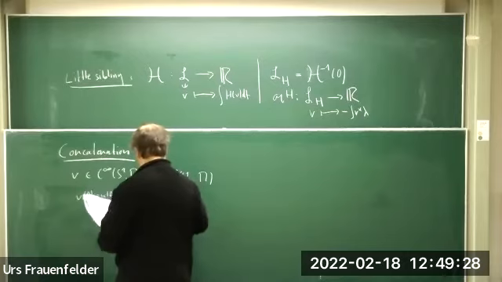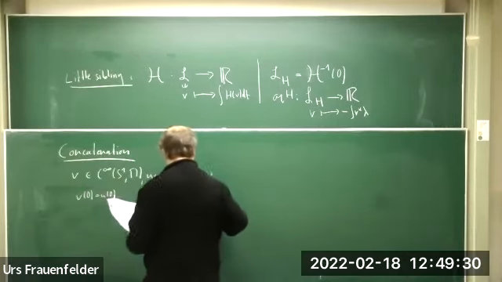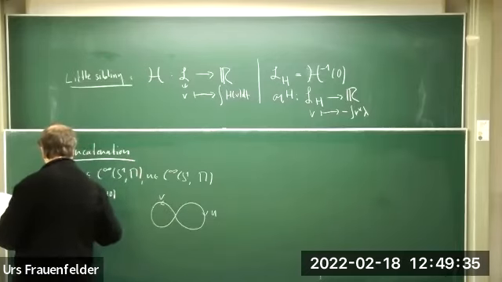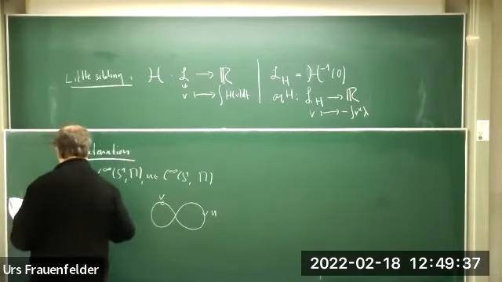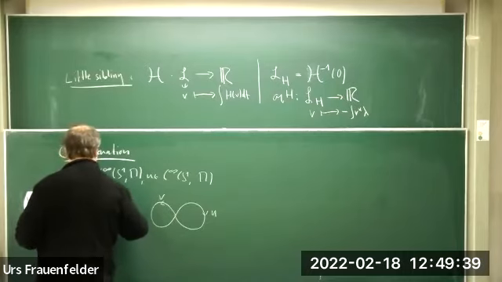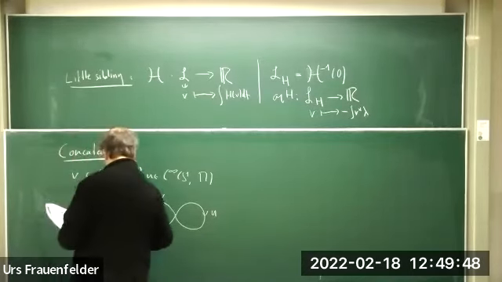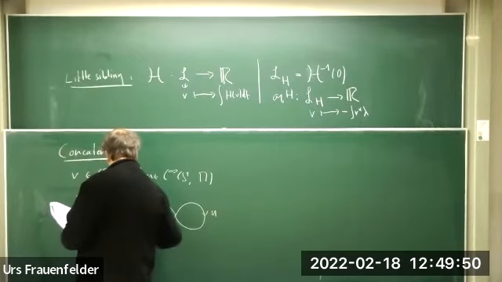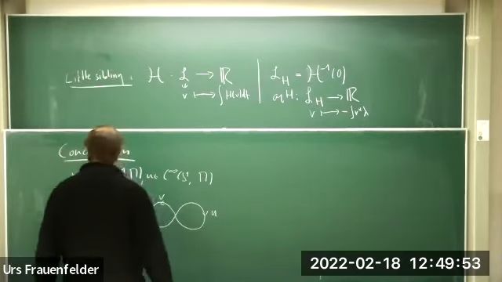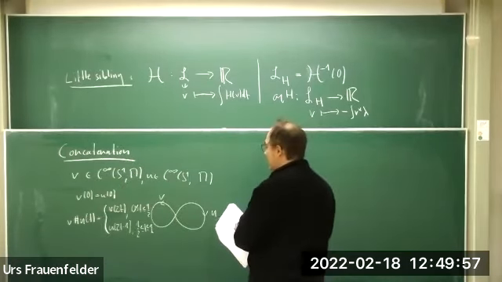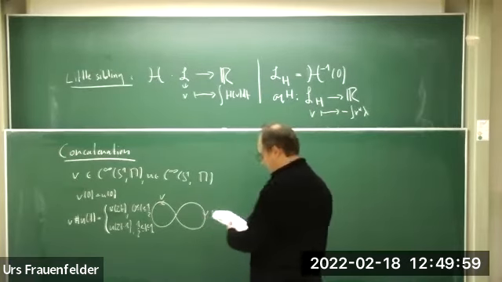So here v and then u, the concatenation of v and u. And this concatenation is usually not smooth, but it's continuous.